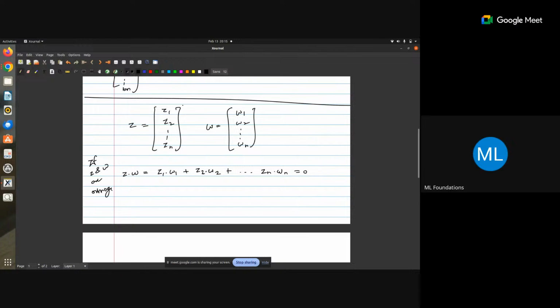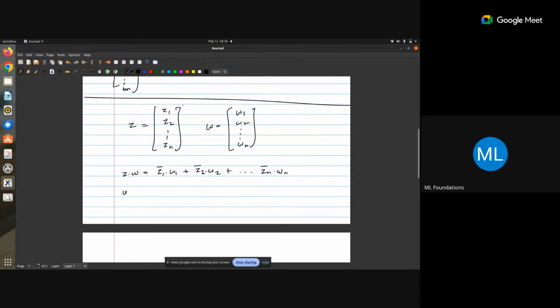But in this case, if these values are complex values, it will be different. We'll see about the orthogonality later. The dot product between these two complex vectors will be written by this.